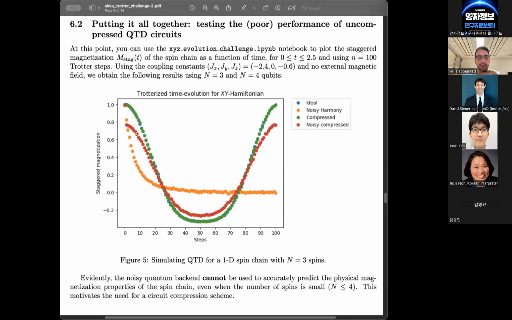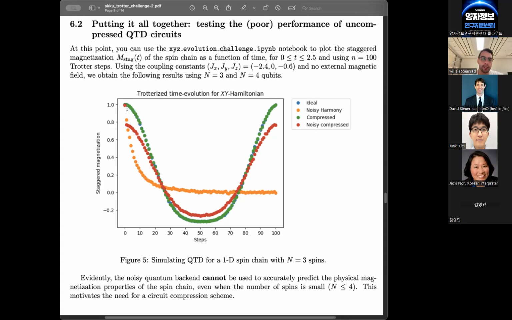And we can see the differences between the deep circuits that we run on the ideal hardware. That's the blue one, deep circuit ideal hardware, and the orange curve, which is the deep circuit that is being run on the quantum hardware. You can see there's a tremendous difference, right? The curves look nothing alike.